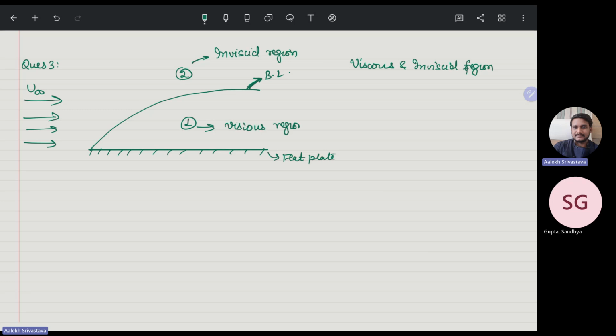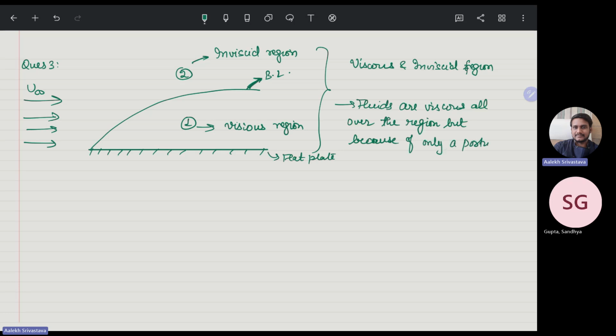Although fluids are viscous all over the region, but only a portion of fluid fills the boundary.